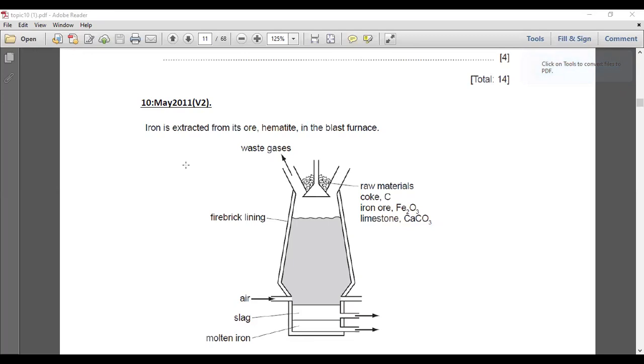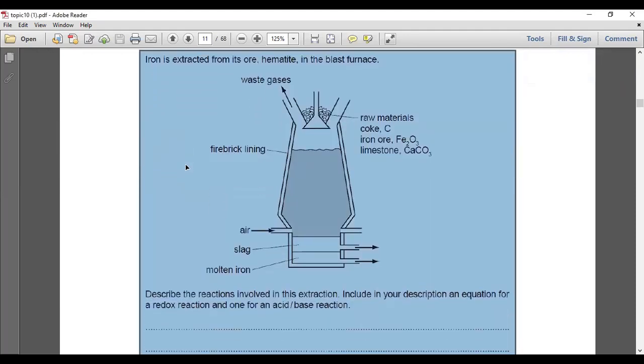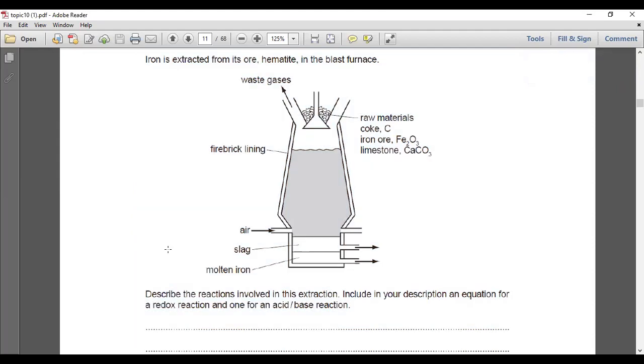Iron is extracted from its ore hematite in the blast furnace. Describe the reactions involved in this extraction. Include your description and equation for the redox reaction and one for an acid-base reaction.